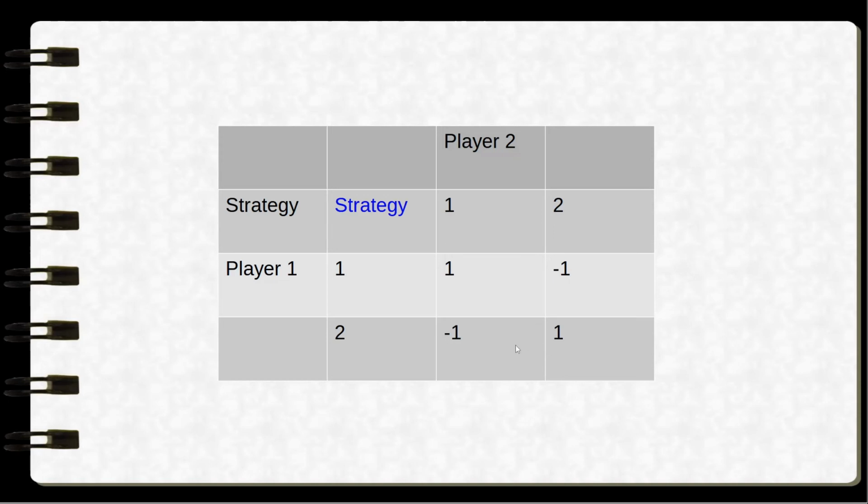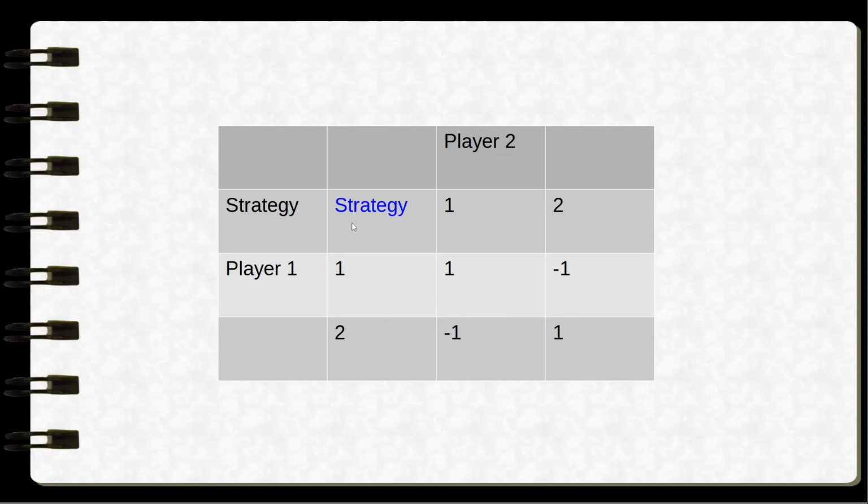Now remember one thing: the loss of player number 2 is the gain of player number 1. Similarly, the loss of player number 1 is the gain of player number 2. This is what this table explains. So this payoff table explains the strategy.